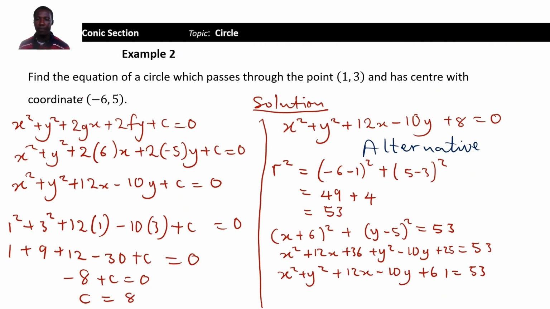So if I bring the 53 to this side, then I'll have 61 minus 53, which will be 8.